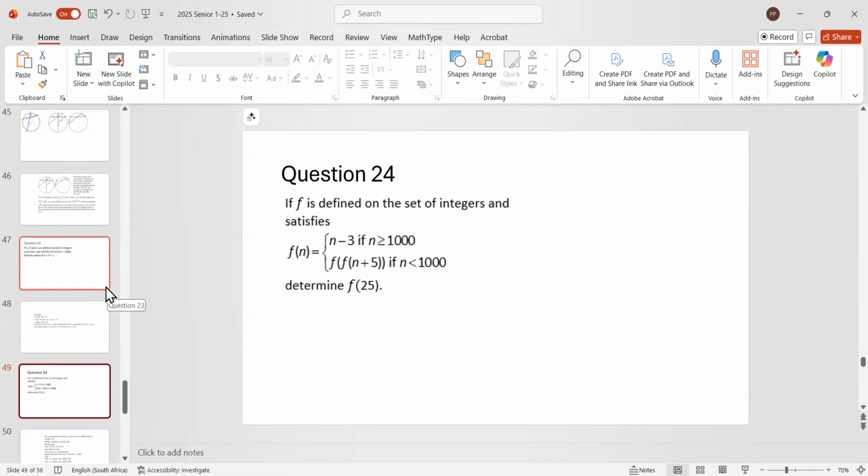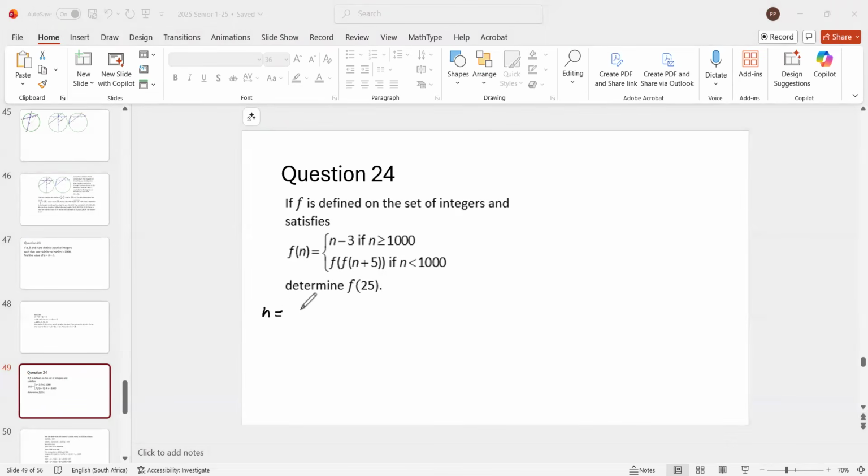So we go to question 24. Question 24 says f is defined on the set of integers and satisfies, it's got a funny rule here. f of n, if n is greater or equal to 1,000, so let's just look at the first one.